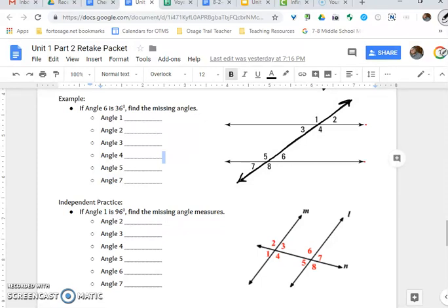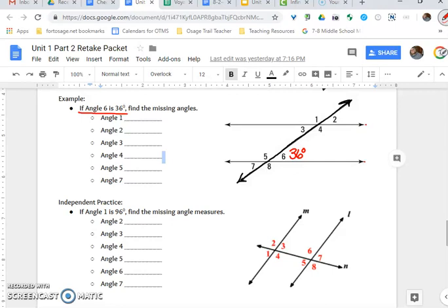And we always want to make sure that we read the directions because we never know what information we will be given to get us started. So if we look at the directions, it says that angle 6 is 36 degrees. So I want to write that in my diagram. It's much easier to write it in the diagram and see it than to try to hold all that information in our head because we have to find all of these missing angles.